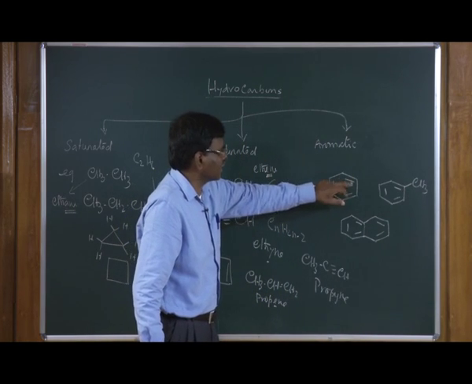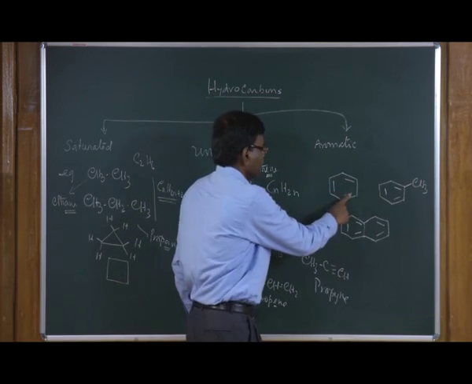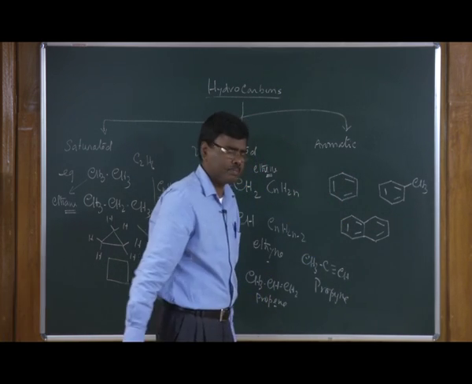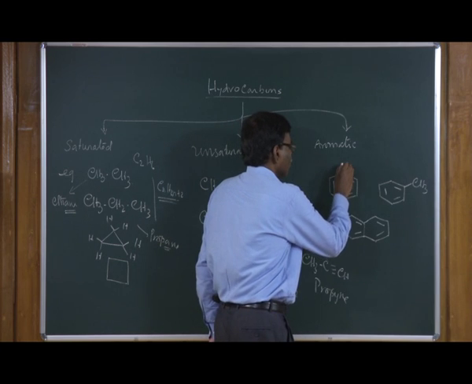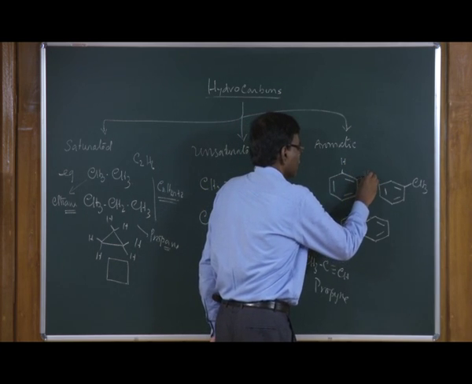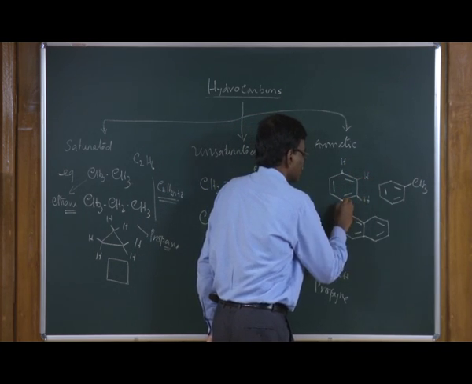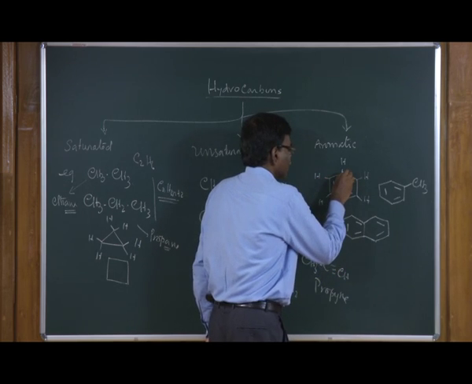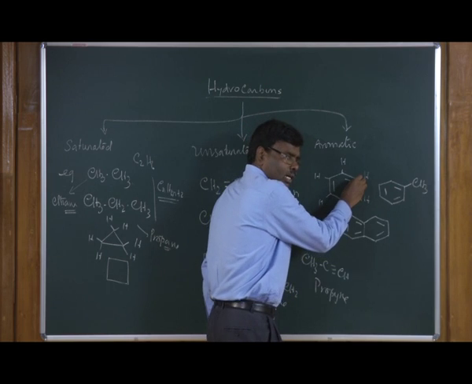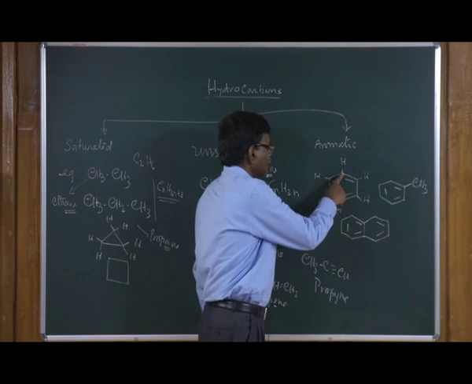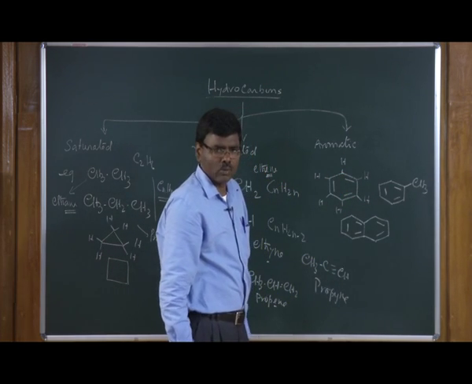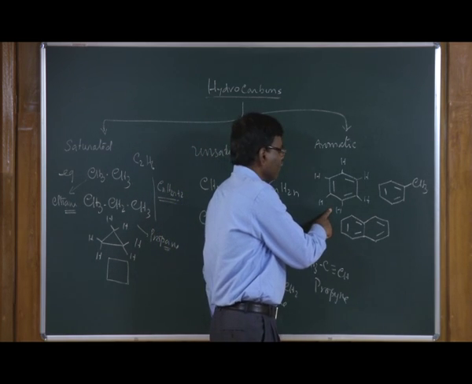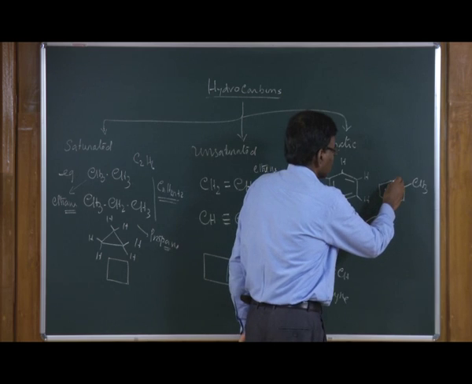Look at this compound: it is a cyclic compound with double bond, single bond, double bond, single bond, double bond. That means it has 6 carbon atoms, each carbon bonded with another carbon by a double bond, and at the same time each has one hydrogen atom. This compound is called an aromatic compound, and these are also derivatives.